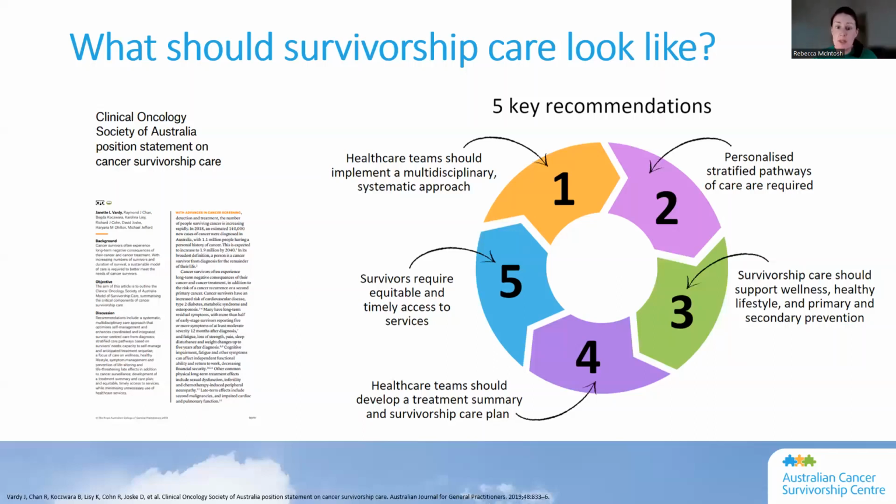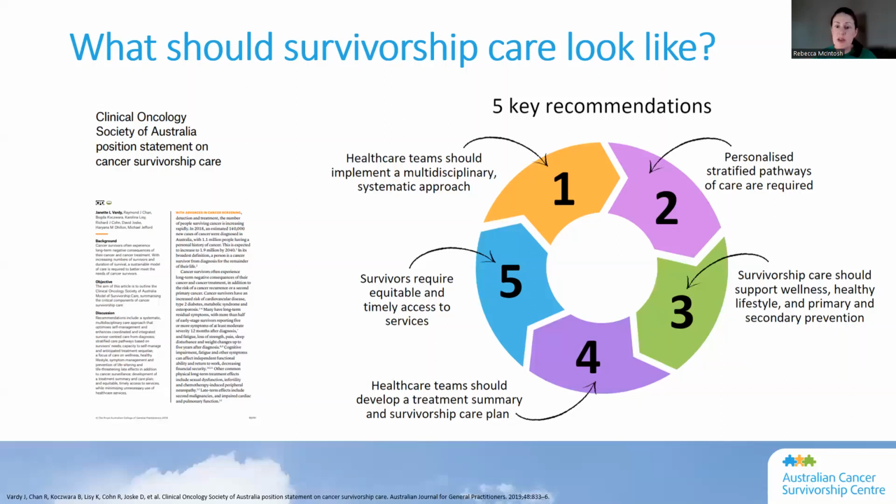Secondly, personalised, stratified pathways of care are required, meaning that care should be personalised and tailored to individual needs and issues. The type of follow-up care a patient receives should be determined by a number of factors, including their diagnosis and treatment, level of risk, pre-existing health conditions, age, health literacy, and more.